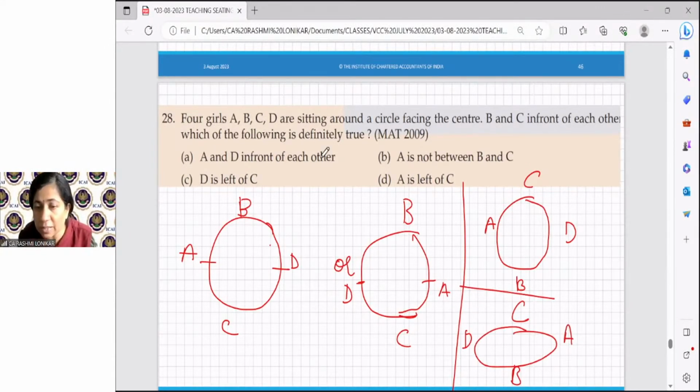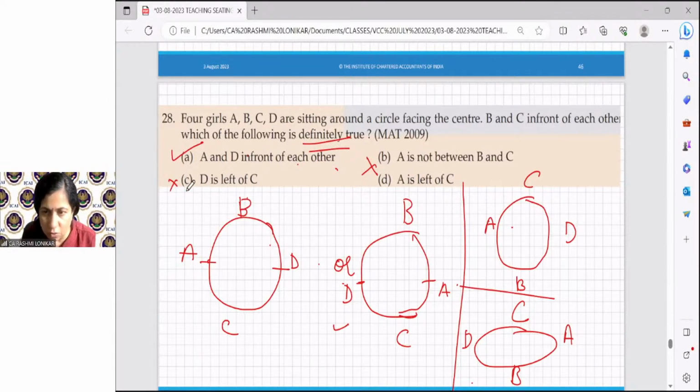Which of the following is definitely true? Definitely true is A and D are in front of each other. A and D are in front of each other here also, and here also. So A is the correct answer. A is not between B and C, A is always between B and C. So this is not true. D is to the left of C. This is true here, but it is not true here.